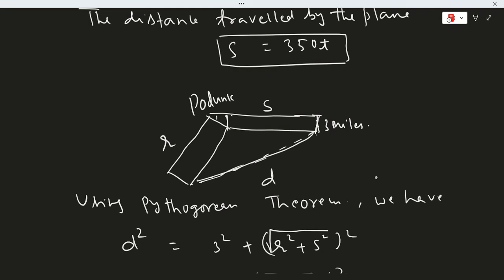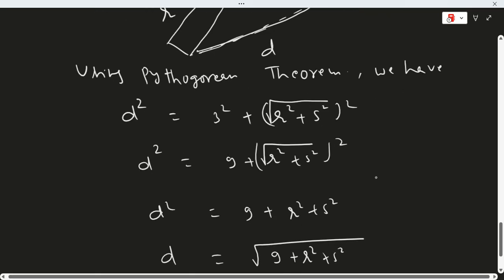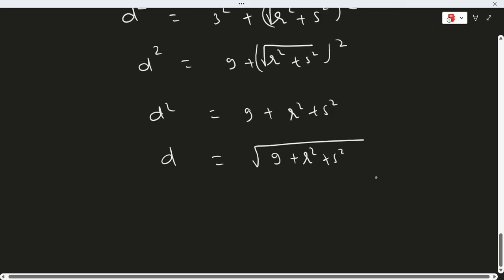So d will be the square root of 9 plus r squared plus s squared.